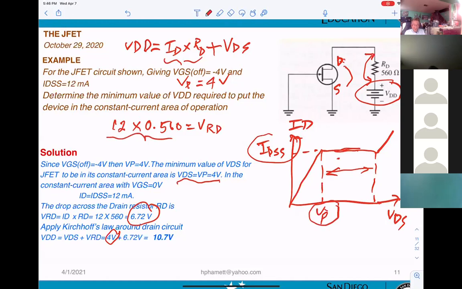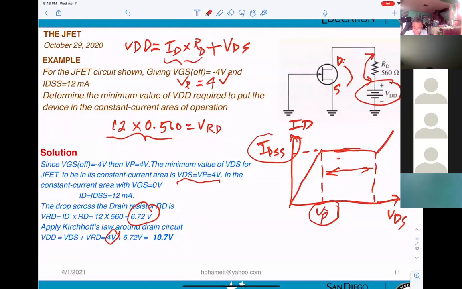Mr. Pham asks: so basically we want to operate between VP and the maximum VDS? Are you saying between 4 volts and 10.7? VP is 4 volt. That's not what it means.